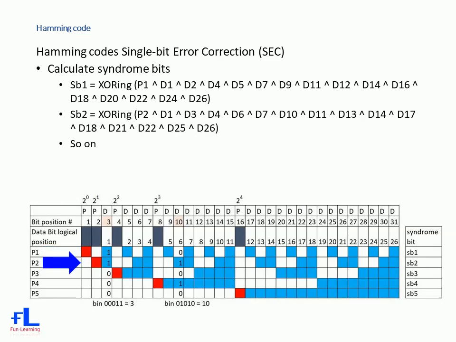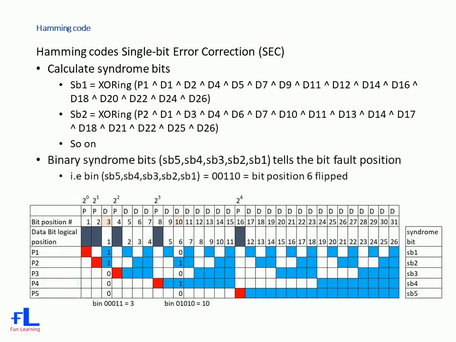Syndrome bit 2 is the same, XORing parity bit 2 with the data bits in the highlighted blue boxes: P2, D1, D3, D4, D6, etc., until D26. So on for syndrome bits 3, 4, and 5. The binary syndrome bits, SB5, SB4, SB3, SB2, SB1, result tells the position of the flipped bit.